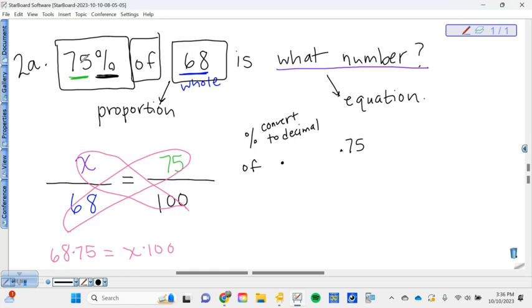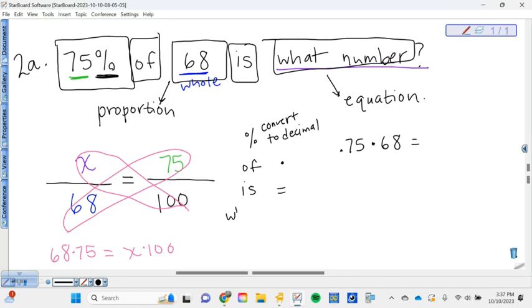So I've got 0.75 times 68, it's going to be equals, so "is" equals, and then what number is always my variable, it's my unknown, so it's x.